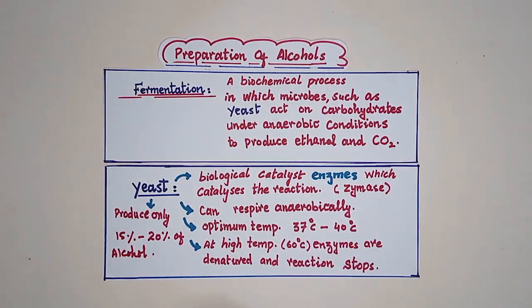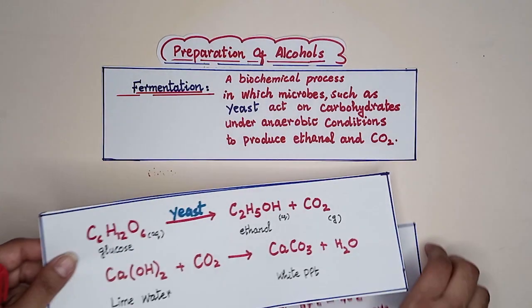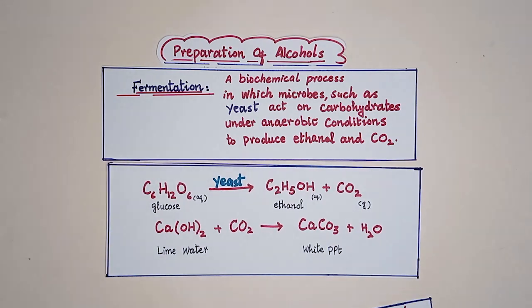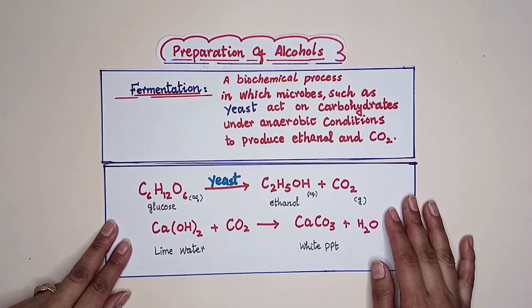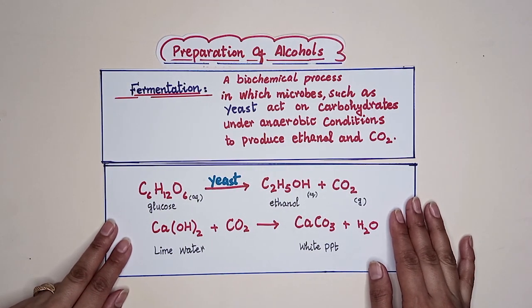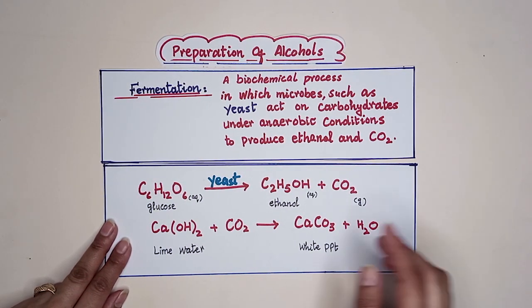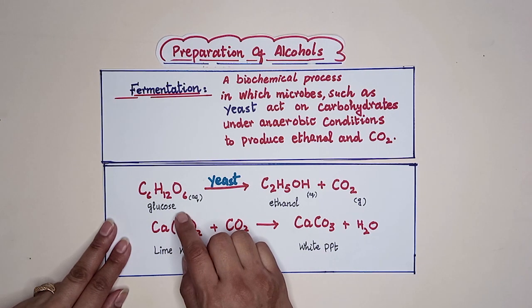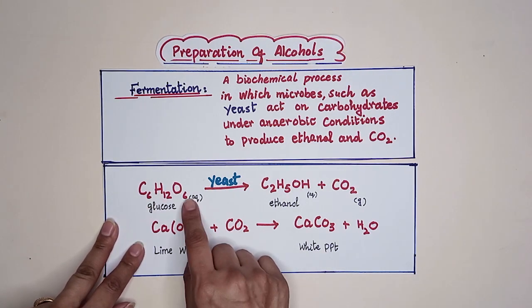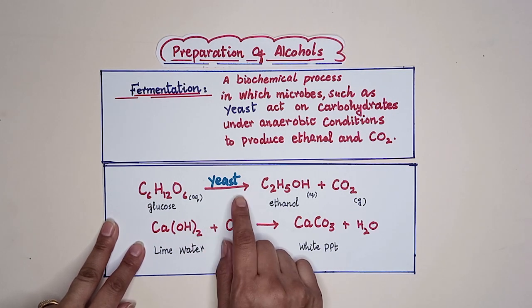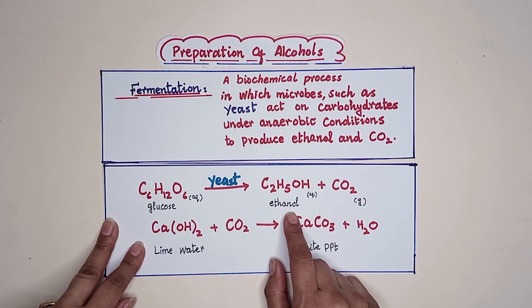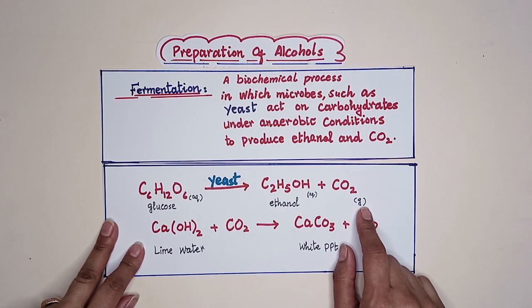This process can be explained by an equation. If we describe this biological process chemically, glucose solution, C6H12O6 being the formula of glucose, in the presence of yeast will form ethanol and carbon dioxide gas.